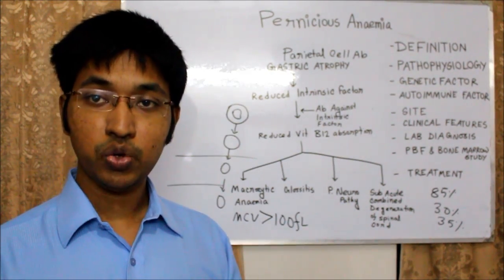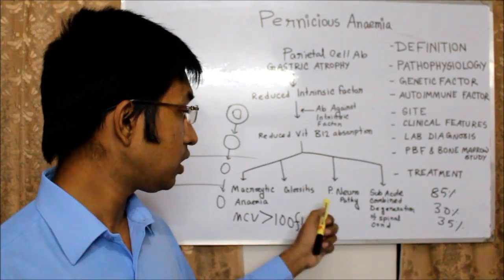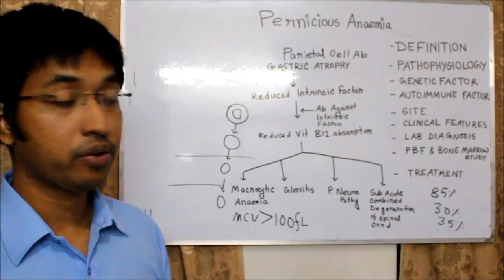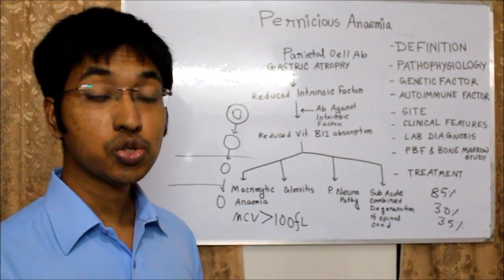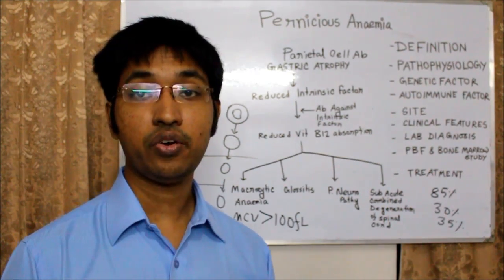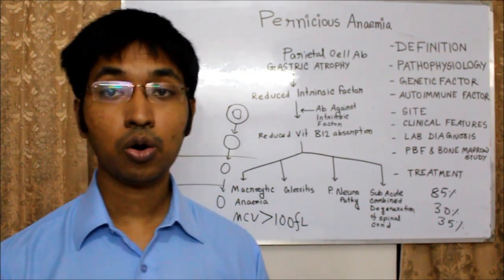So the homocysteine will make something that is harmful for the nerve, and that will result in peripheral neuropathy and also subacute combined degeneration of the spinal cord.